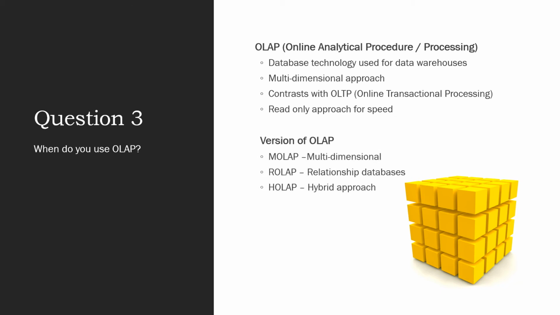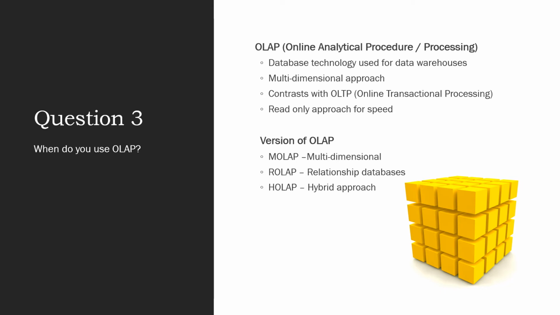Within the realm of OLAP, there are three common approaches: MOLAP, ROLAP, and HOLAP. The first, MOLAP, uses multi-dimensional storage and is fast, but is limited in size. The second approach, ROLAP, uses relational databases, making it a more scalable solution.